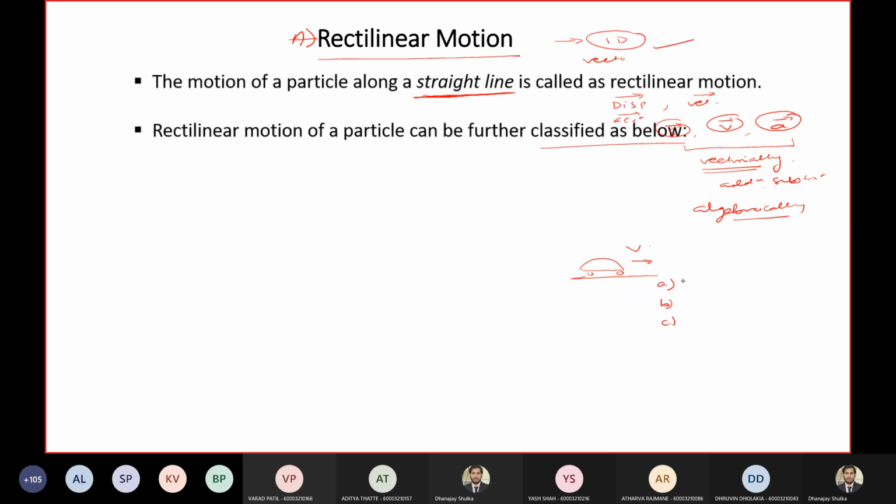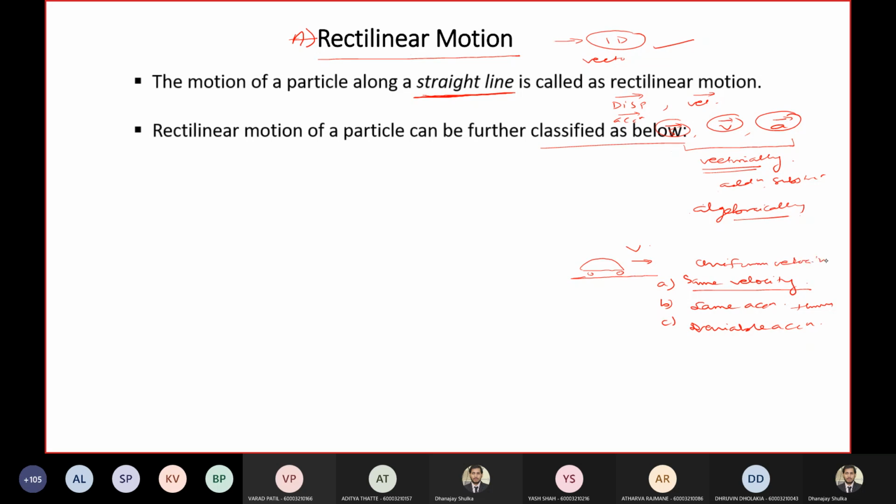This body may have the same velocity throughout its motion. It may have the same acceleration throughout. It may have a different acceleration, meaning variable acceleration.